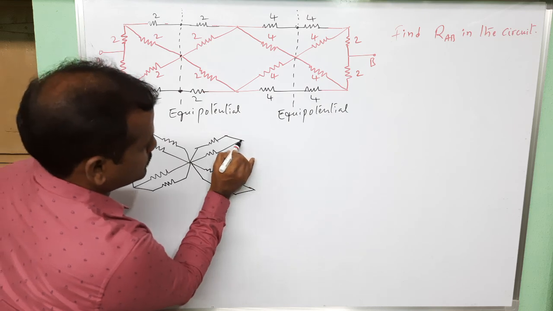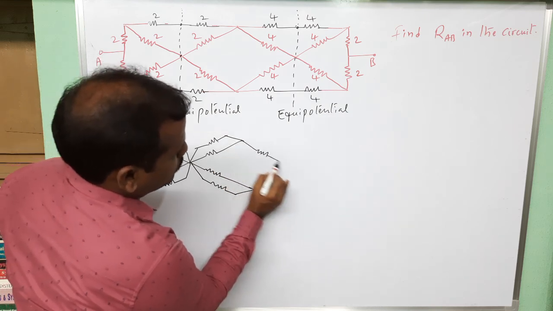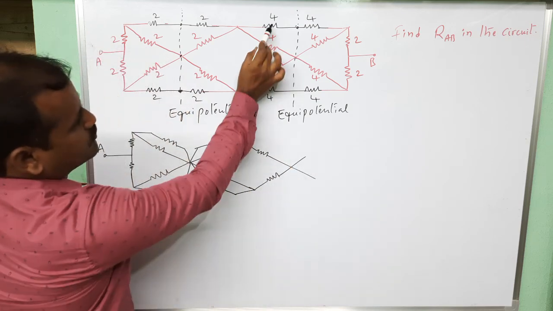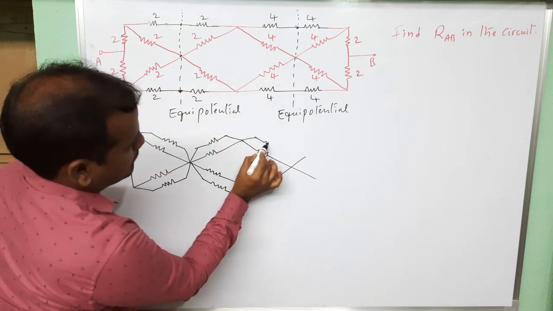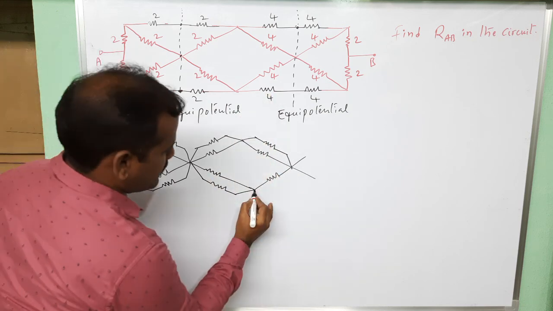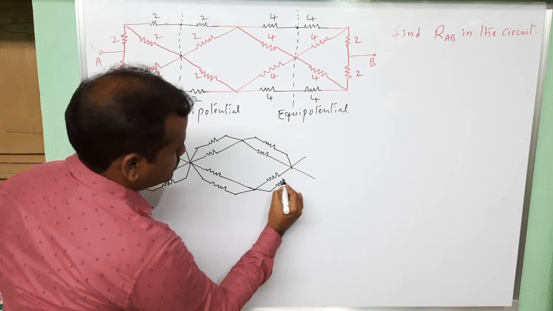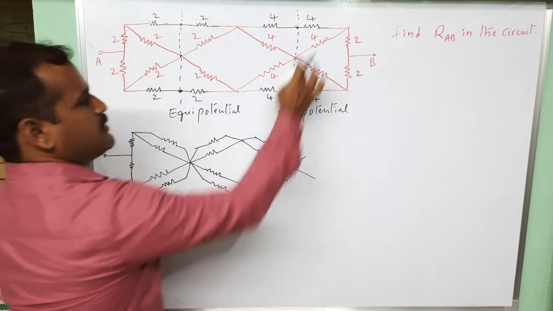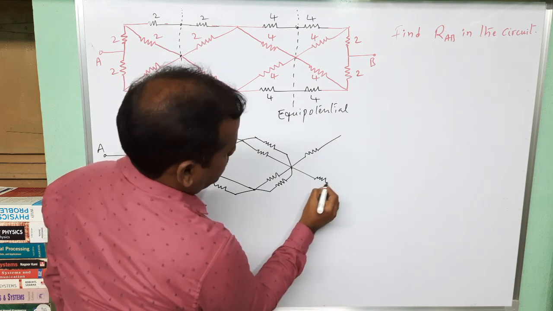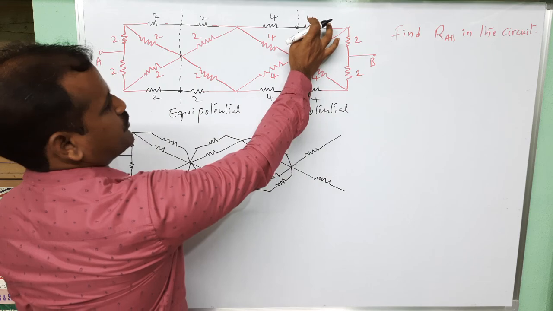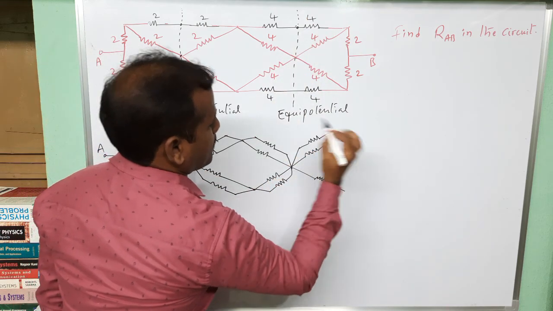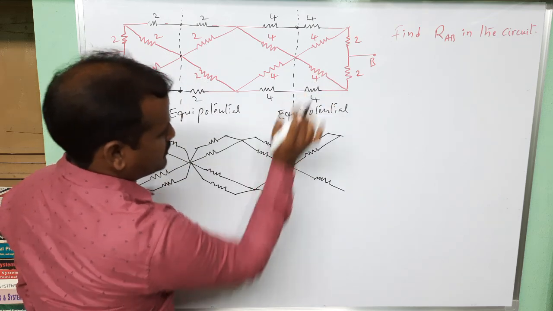Let us plot those two now. So this 4 will be in parallel with this resistance, and this 4 ohm will be in parallel with this, like this, and these are 4 ohms. And this 4 ohm will be in parallel with this. This 4 ohm will be in parallel with this.